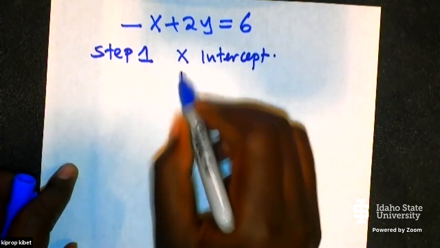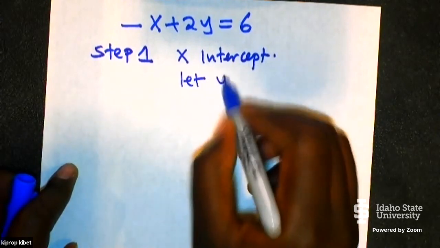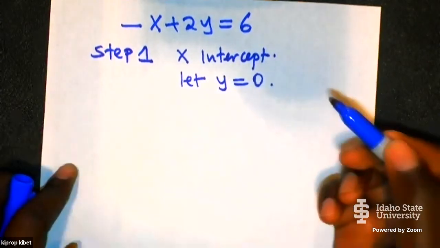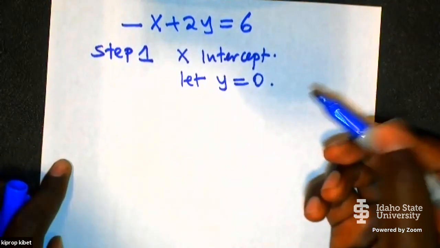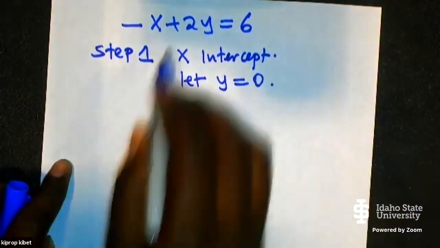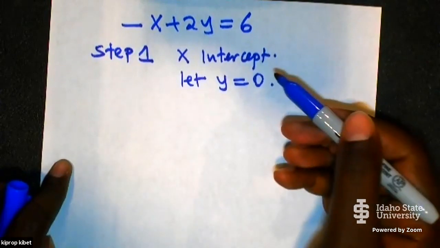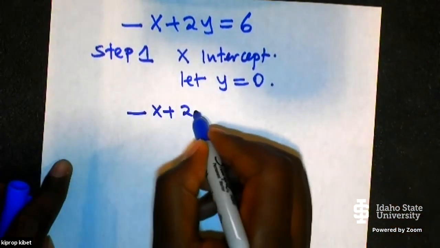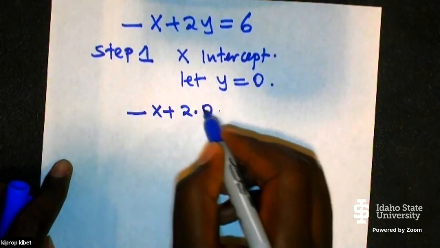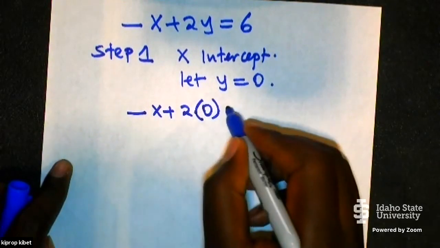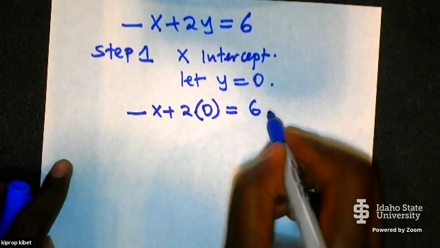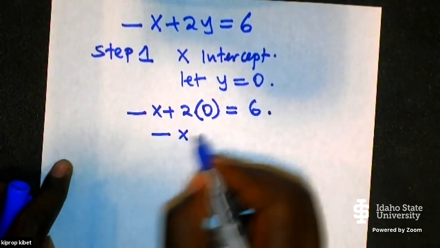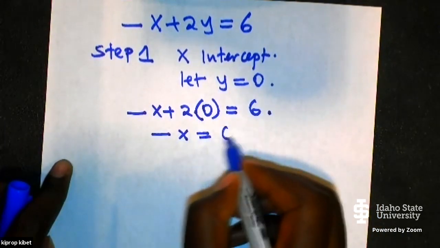So you let y equal 0. Then minus x plus 2 times 0 equals 6. So minus x equals 6.